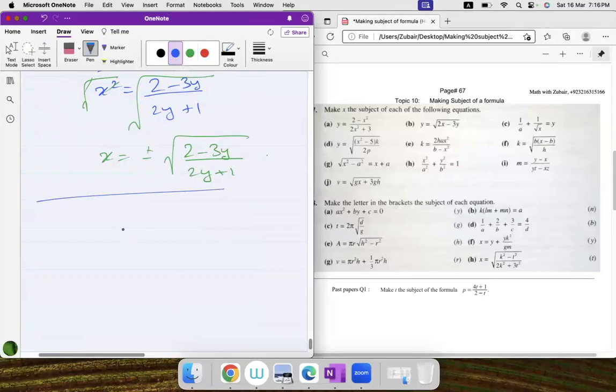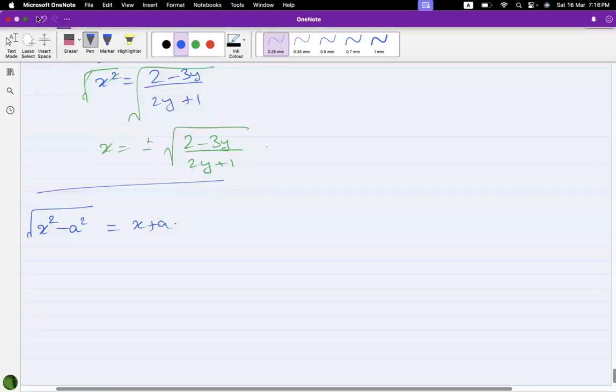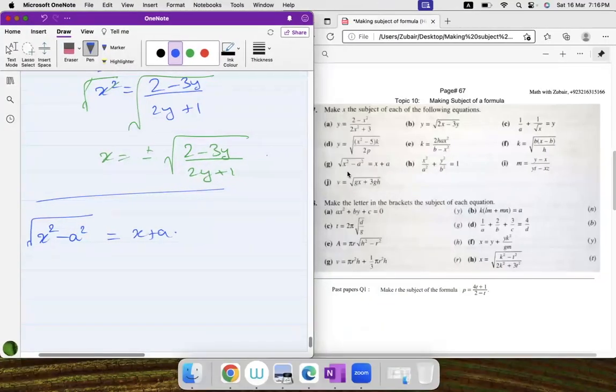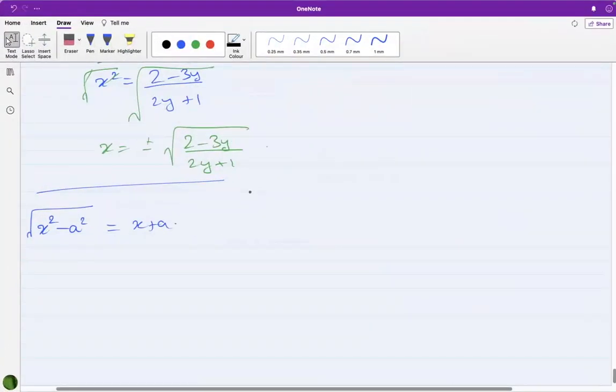This is sort of quadratic. The square root of x squared minus a squared is equal to x plus a. We may have different approaches for this. Let me have a quick check again. x squared minus a squared under the root is equal to x plus a, and we have to make x the subject.